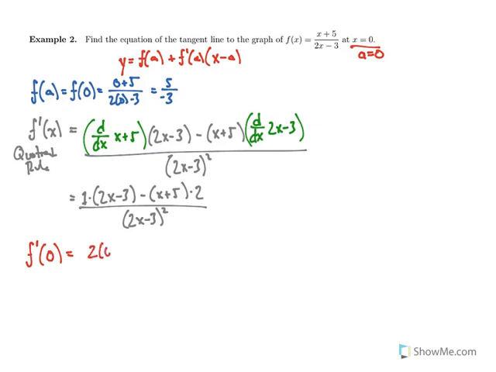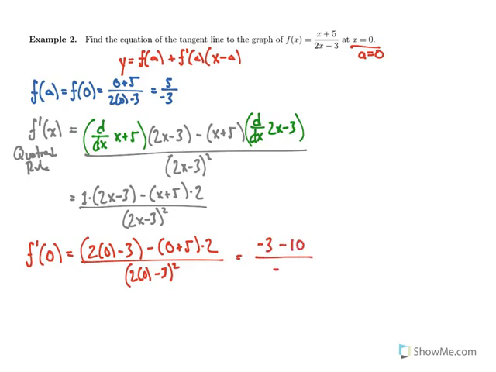We have 2 times 0 minus 3 minus 0 plus 5 times 2 all over 2 times 0 minus 3 squared. That is negative 3 minus 10 all over minus 3 squared, which is negative 13 over 9.